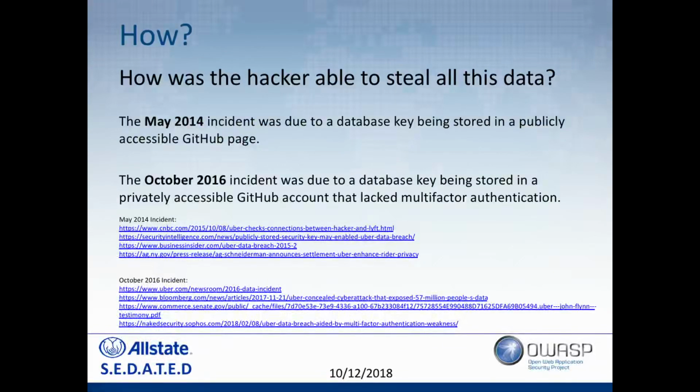So we want to talk about this in particular. This is a database key. This is like the master key to your kingdom, right, or your data. It's sensitive data, and you want to have defense in depth. You want to have multiple layers that an attacker has to jump through to gain access.